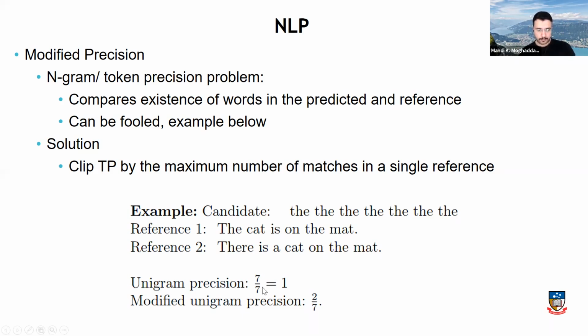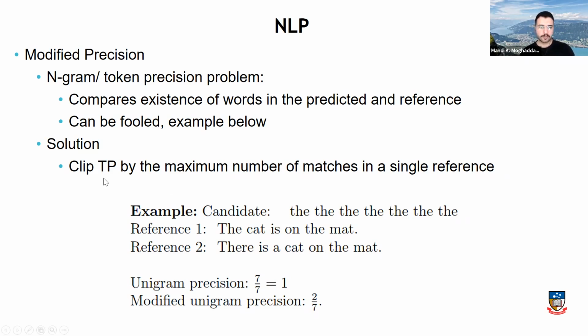But if you're doing that, basically there are 7 times that you have a true positive, and all of them were true positives because you had the on every one of these references. So then you would get 100% precision if you do simple precision that we talked about. And of course, this is basically a very low performing model.